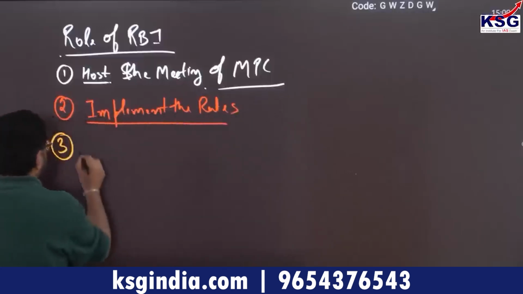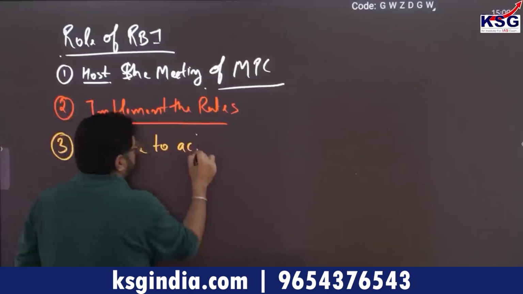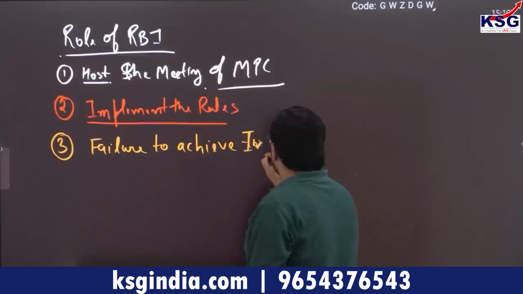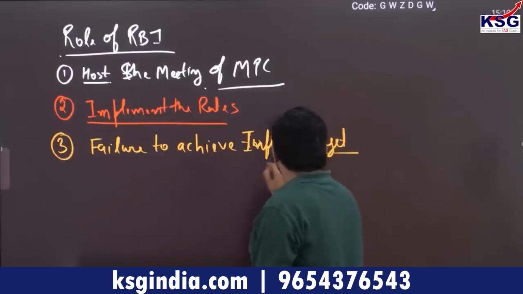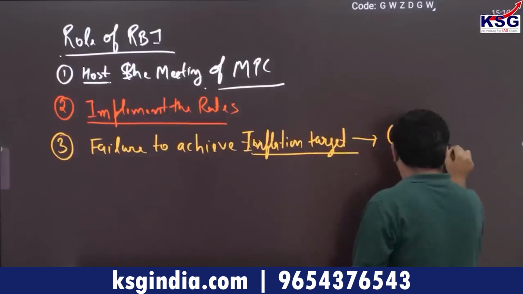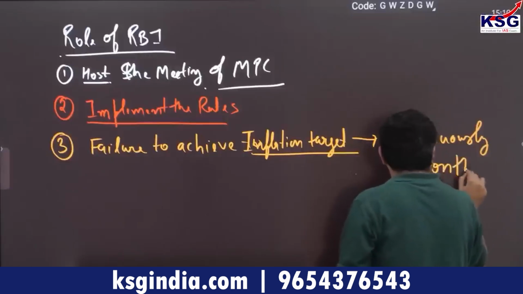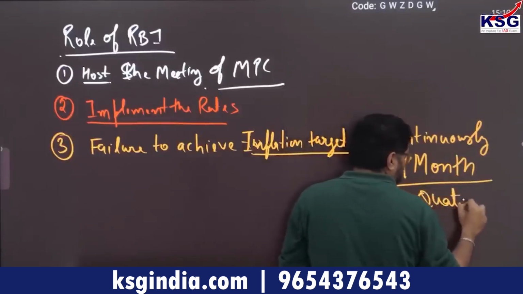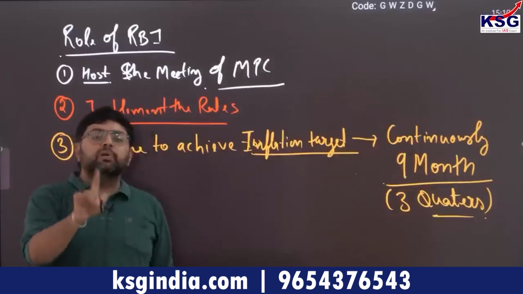So if there is a failure to achieve the inflation target continuously for 9 months, or 3 quarters, then RBI has to submit the report for the failure.